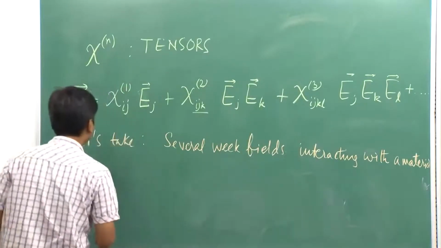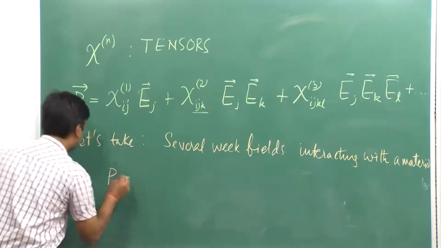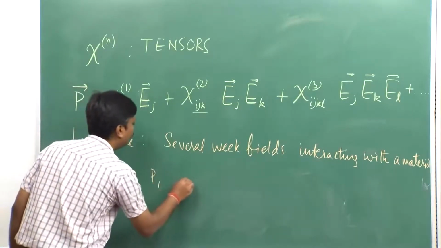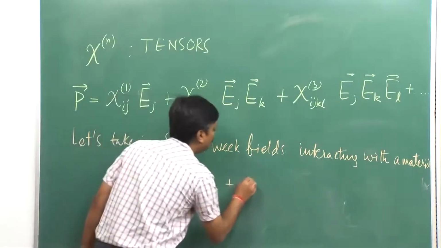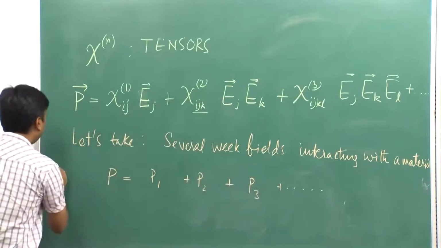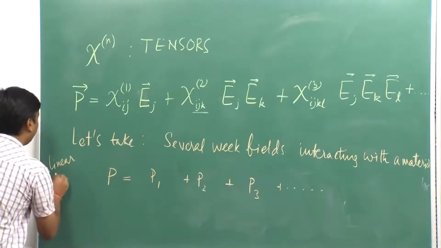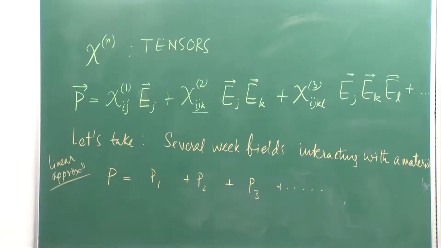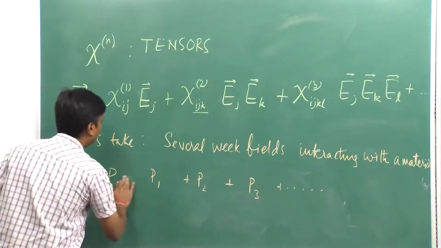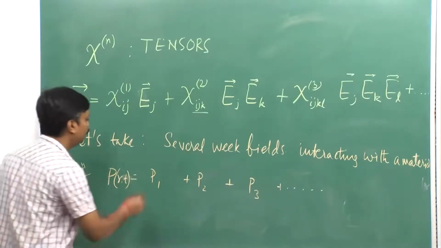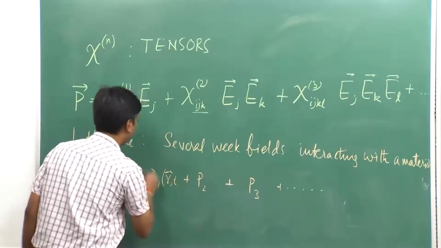And in the linear approximation, I can write the total polarization P as P1 plus P2 plus P3, and so on. So, this is under linear approximation. Right. So, I can be very specific here by putting this as a function of r, where r is a vector, and also we have time.